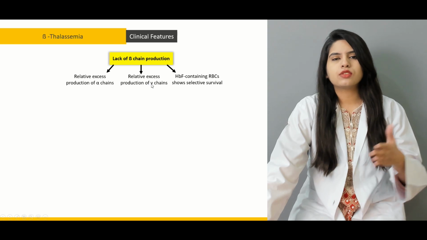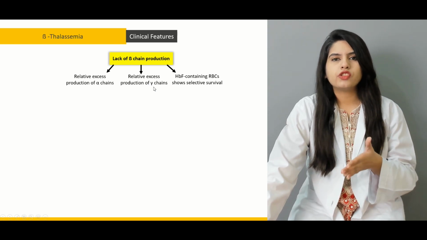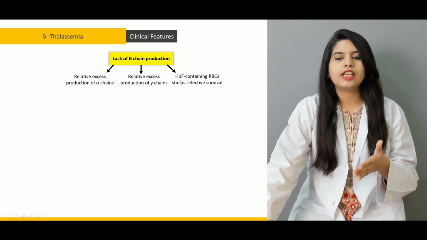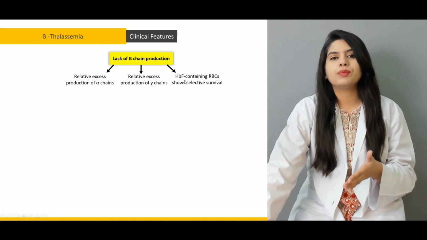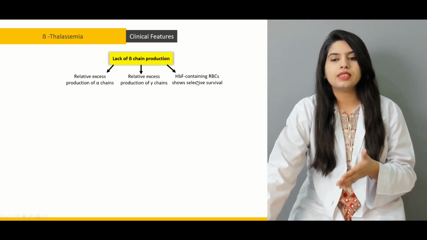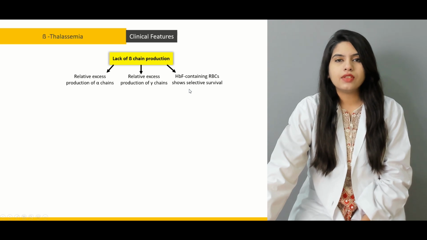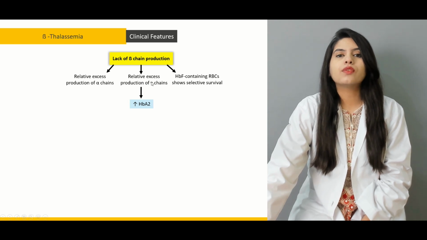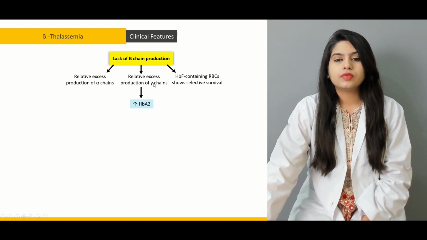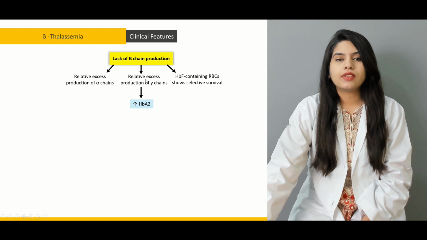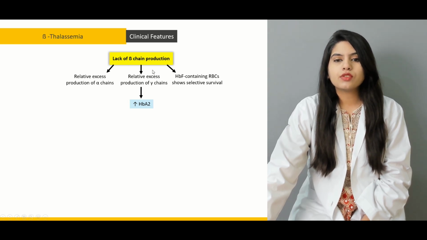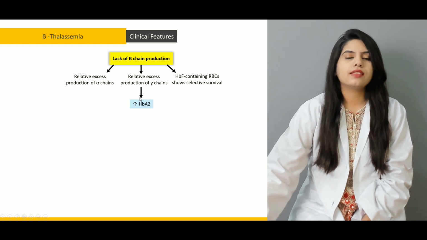That means there is the presence of alpha genes along with gamma genes, or there can be HbF type of hemoglobin present, in RBCs that show selective survival. Now, when there is the presence of gamma chain along with alpha chain, and the absence of beta chains, there will be an increased amount of HbA2.